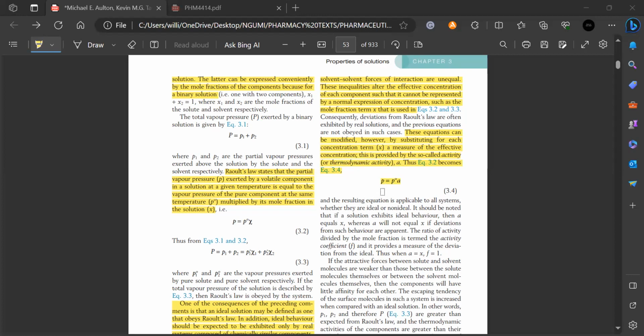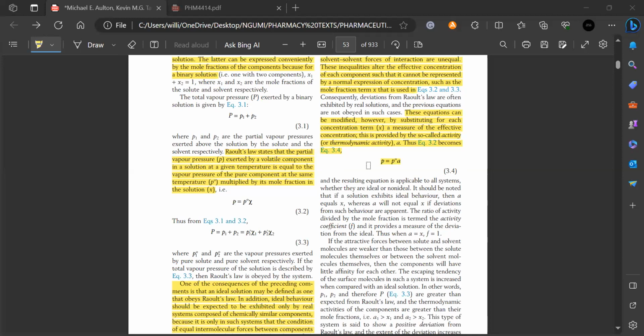So basically, in this equation we use the thermodynamic activity, A, and multiply it by the vapor pressure of the solute or the solvent. The thermodynamic activity is also the effective concentration or the mole fraction at that particular time, and it will give you the vapor pressure present. And this equation can be used in both ideal and non-ideal situations.